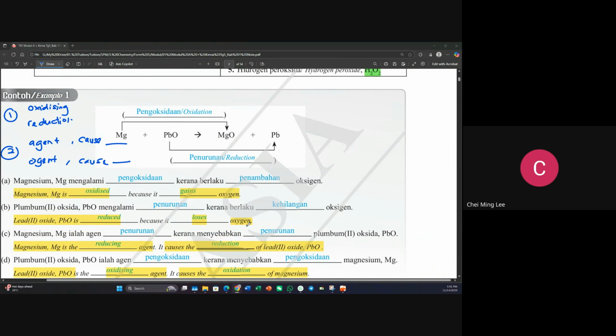So first is the agent, and then the cause. You need to mention the agent: what agent it is, the reduction process or the oxidation process, then what it causes to be reduced.